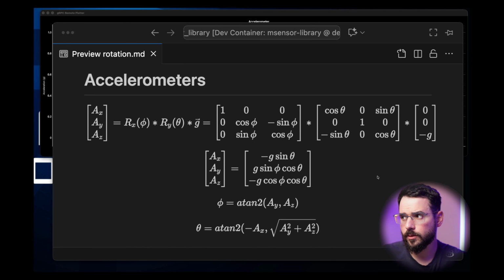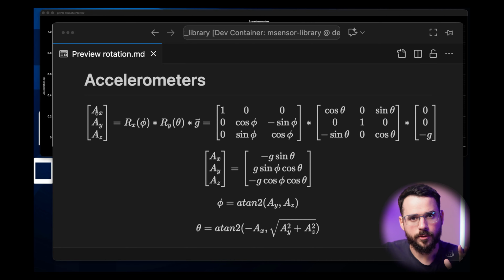Okay, let's continue with this assumption. What does the formula look like? It looks like this. I'm not going to go into too much detail. This is standard Euler angle matrix notation. Going very briefly, this is how you get equations that will yield the angles based on accelerometer measurements.